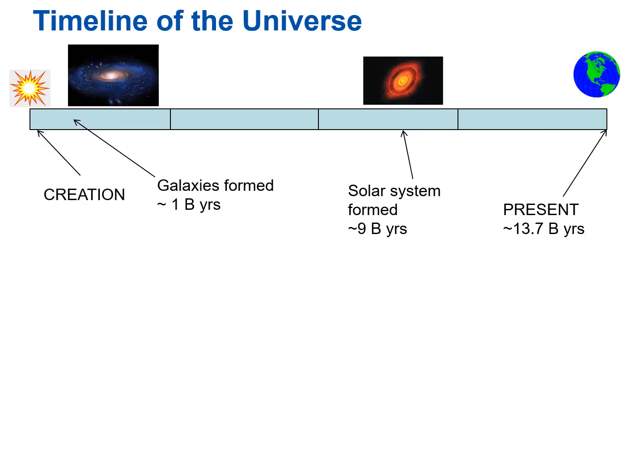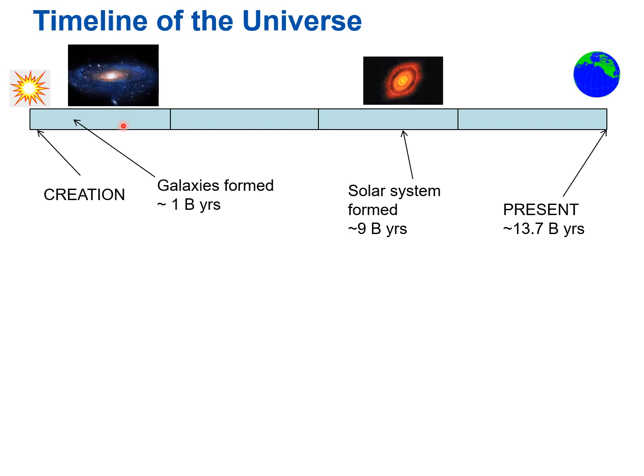And so if you think about a timeline of the universe, here we are on the right, present day, but let's go back to the moment of creation. So here is what we call time equals 0, when the universe started. And then we estimate that galaxies were formed when the universe was about 1 billion years old. And again, when we get to studying galaxies, we'll get more into why we think that is true.